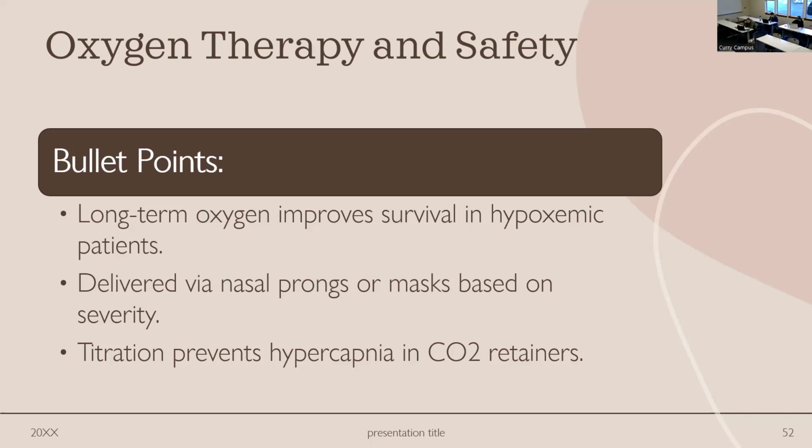So with CO2 retainers, what happens is if they get a lot of oxygen through nasal cannula or mask, and they're at 98, 99, 100% saturation, some of their receptors, I believe in their carotid arteries or aortic arch, I can't recall right offhand, would say that they're getting plenty, so they'll breathe slower and not exhale that CO2.